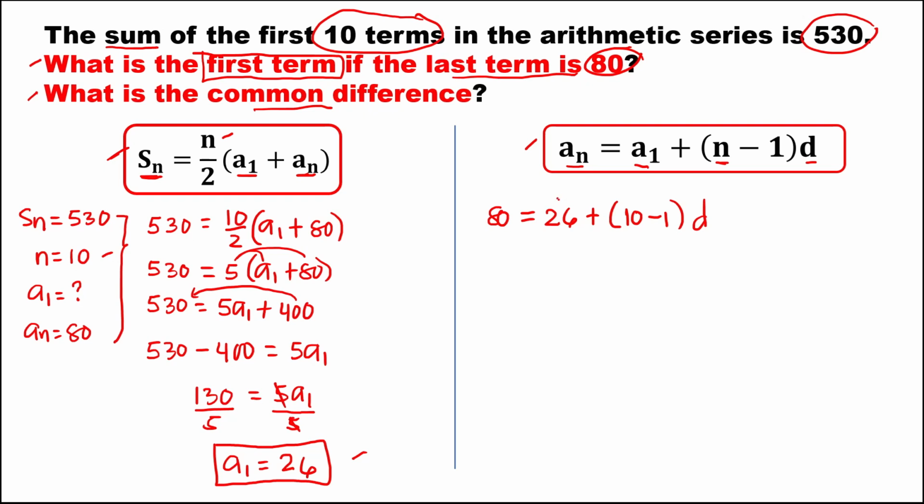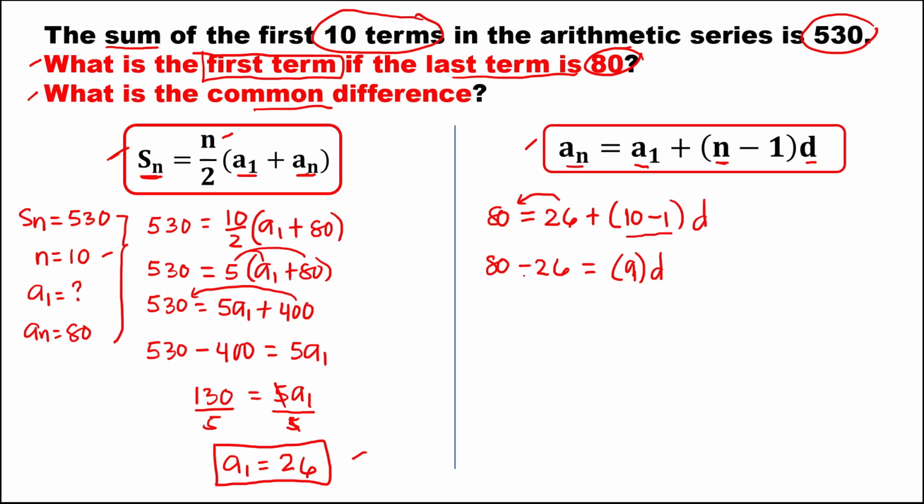Then we need to transpose this 26 to the other side, so this becomes 80 minus 26, equals this 10 minus 1, this is 9, times the common difference.